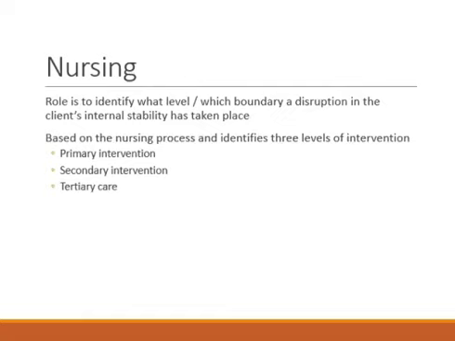So, teaching a client how to care for a colostomy bag at home after discharge from the hospital is an example of a nursing activity at the tertiary level. So it basically occurs after the client has received a secondary intervention and offers support to the client so that he or she can continue to recover or prevent further deterioration in health.